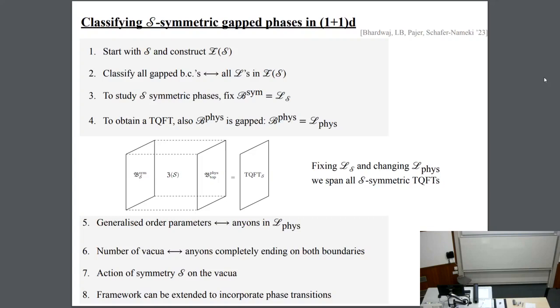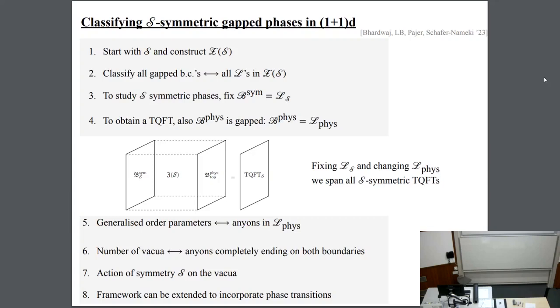But we're interested in studying TQFTs. So in this particular instance, this boundary also has to be topological, such that when I take this interval compactification, I actually get a TQFT. So to obtain a TQFT, the physical boundary is also specified by a Lagrangian algebra, which I call L_phys.